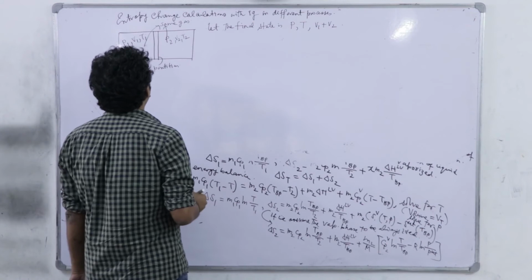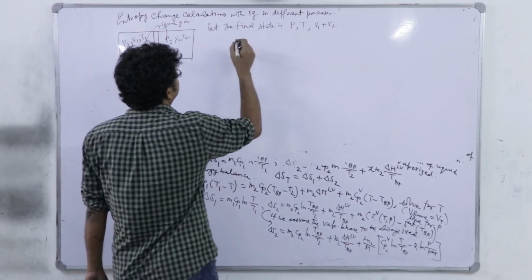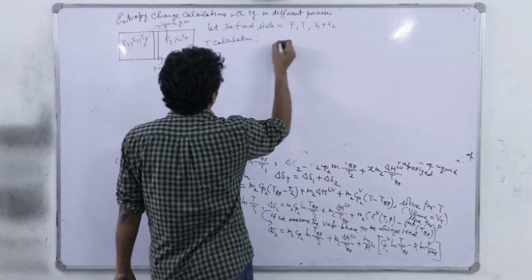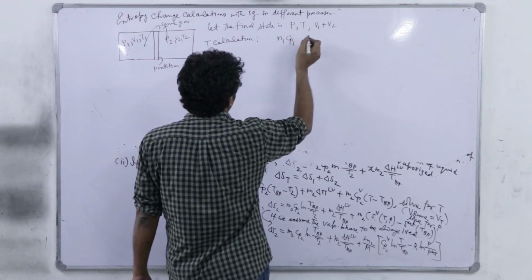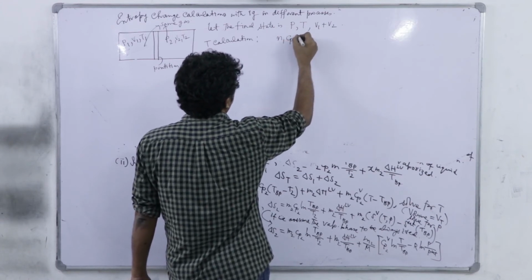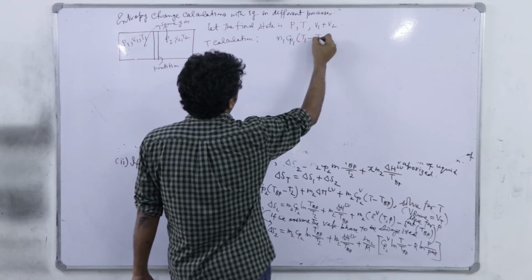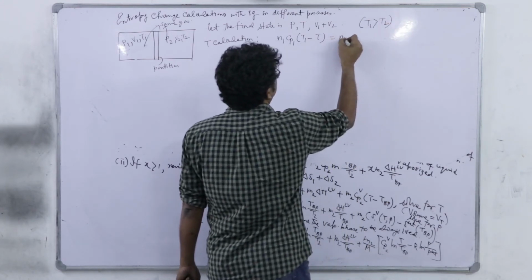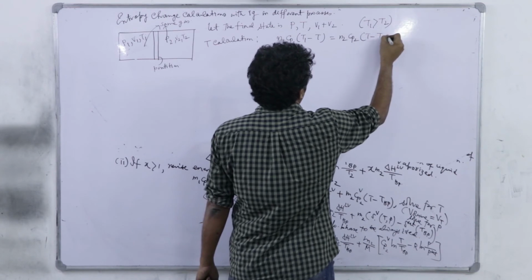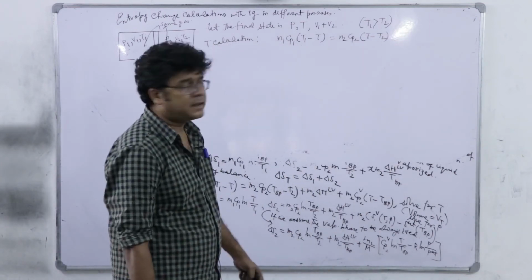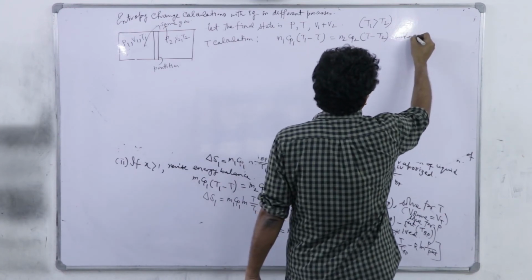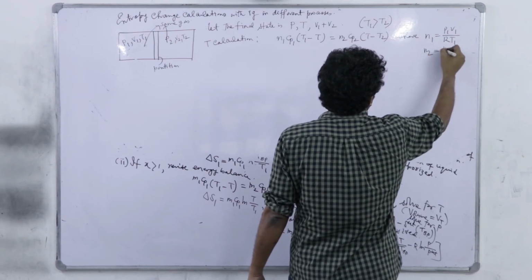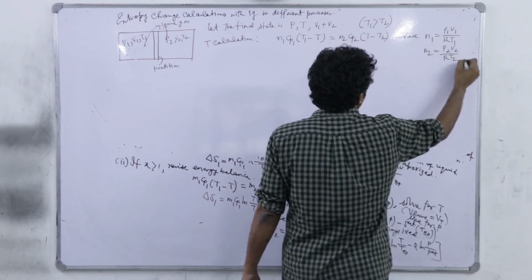Now you see what will happen. For the final temperature T, we have to go for calculation. So N1 Cp1, these are all molar specific heats, N1 Cp1 (T1 minus T), let us consider T1 greater than T2, equals N2 Cp2 (T minus T2), where N1 is equal to P1 V1 by R T1, N2 is equal to P2 V2 by R T2.